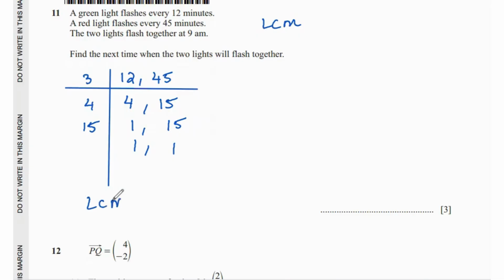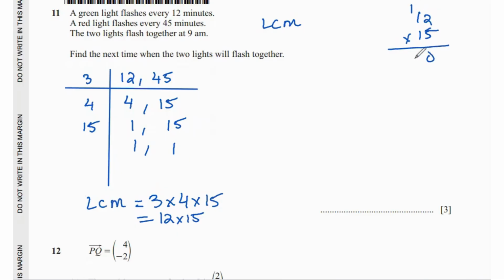So your LCM is 3 times 4 times 15, which is 12 times 15. So if we multiply those, we get 180. So 180 minutes is what we've got.